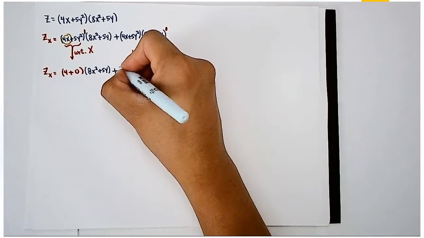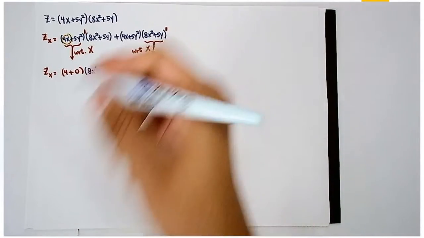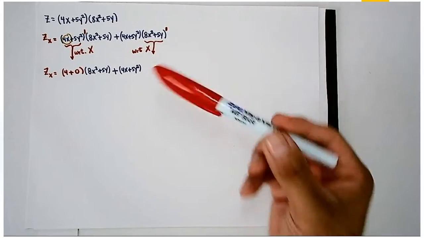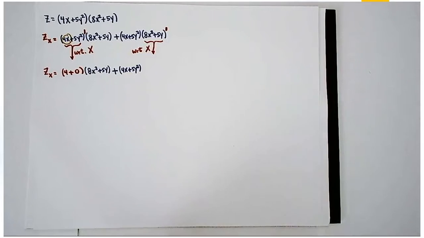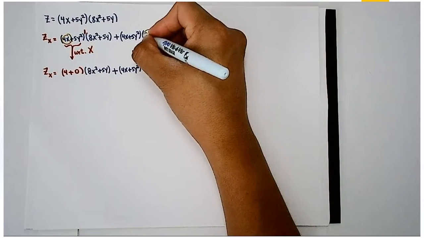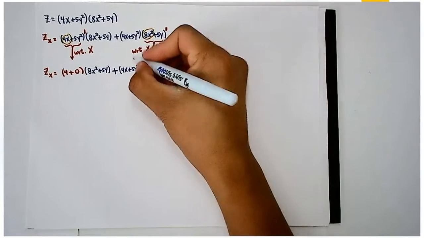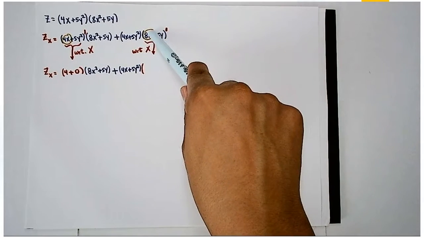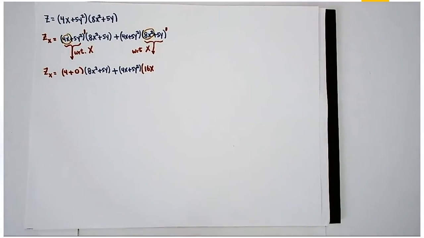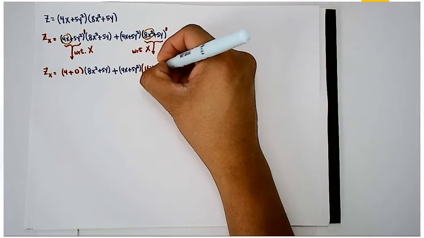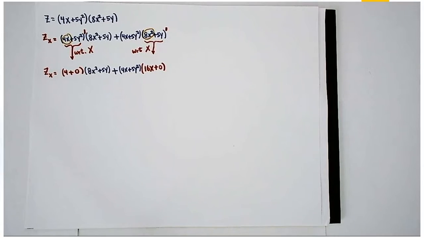Plus the first term times the derivative of the second factor with respect to x. Here only 8x squared contains x. And the derivative with respect to x is simply 16x plus 0 because 5y doesn't contain x.